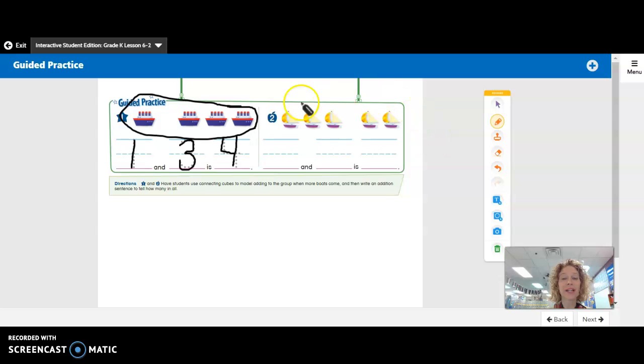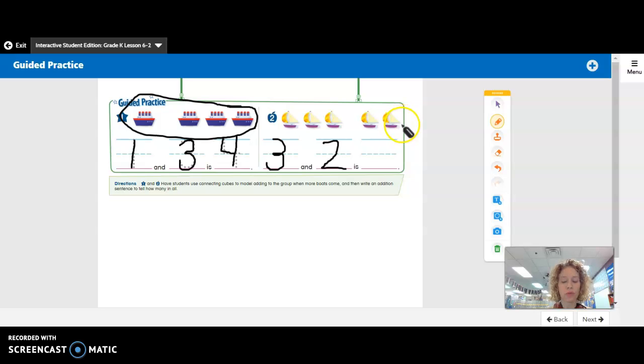All right, let's take a look at these sailboats. How many sailboats did we see first? 1, 2, 3. We first saw 3 sailboats. Then we looked again, and how many more did we see? 1, 2. All right. Now I want to know how many I saw all together.